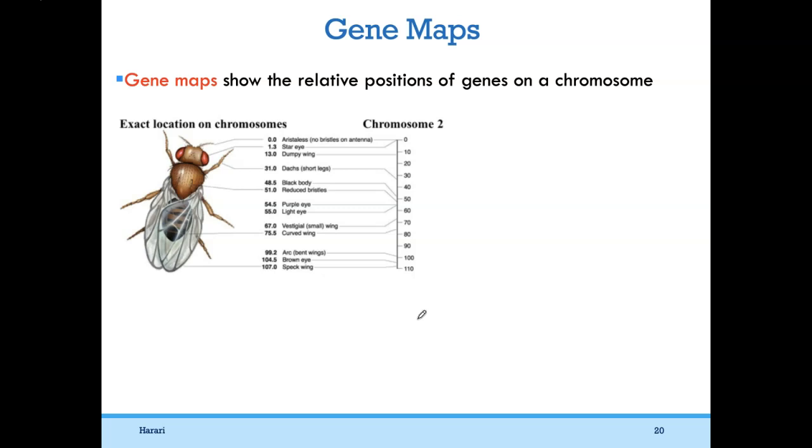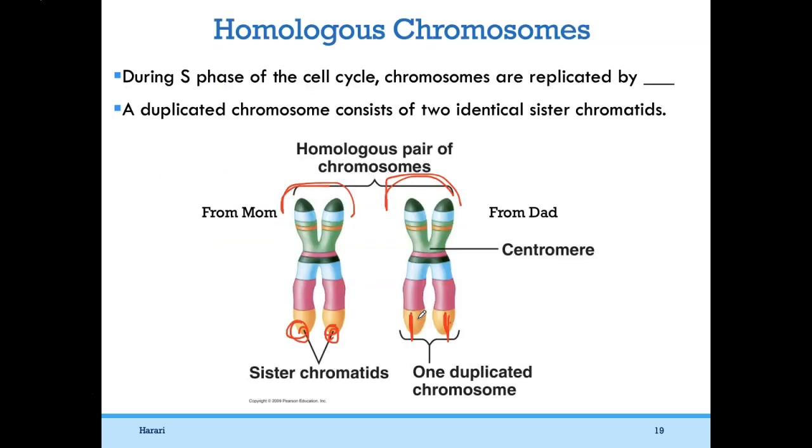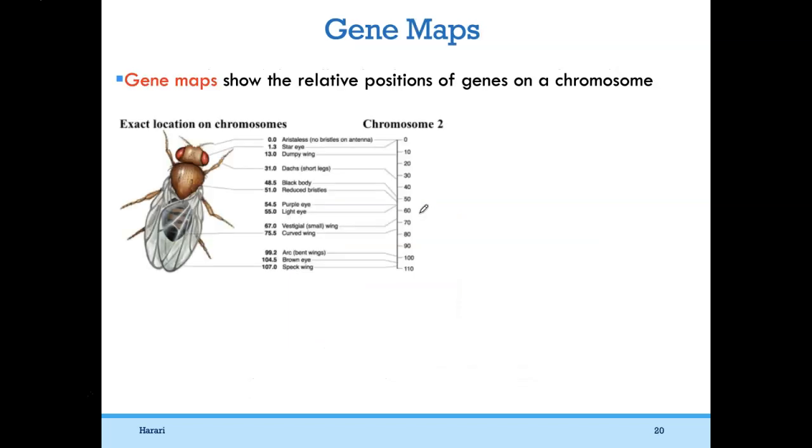And genes are always located on specific positions. So in homologous chromosomes, this gene is the same as this gene. This gene is the same as this gene. Of course, there are possibly different alleles, but they're all ordered in a very specific location. And we now have gene maps. Gene maps are the results of lots of genetic studies that show the relative positions of genes on a chromosome.